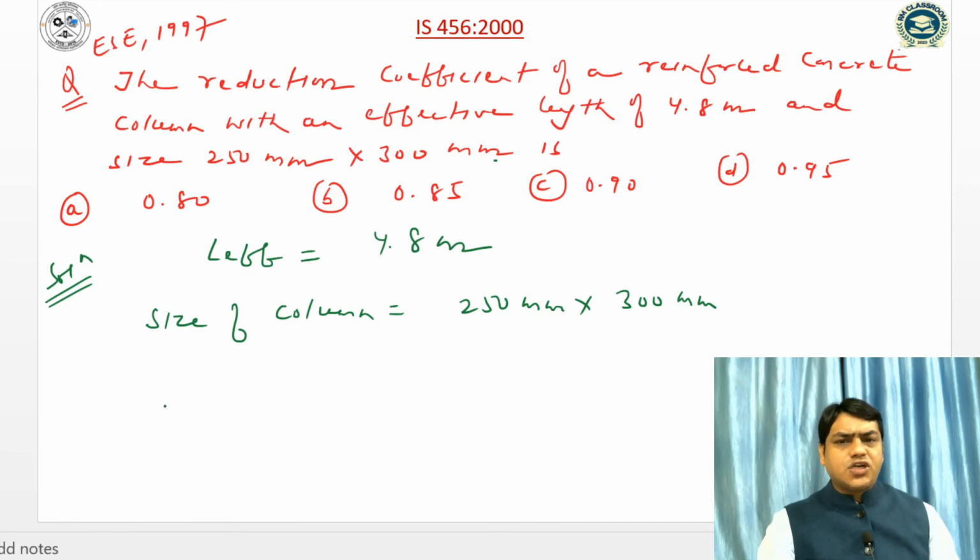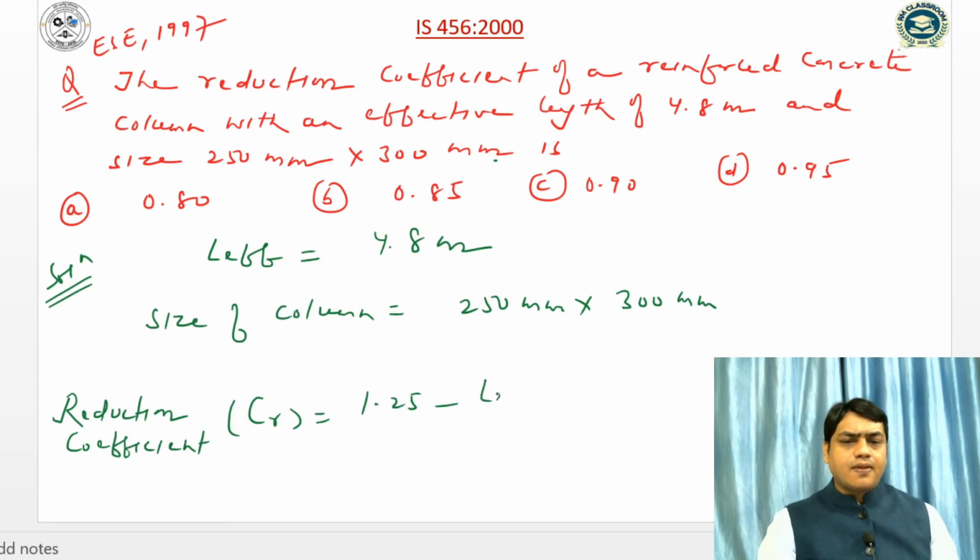So the reduction coefficient Cr is 1.25 minus L effective divided by 48 into the least lateral dimension, so it will be B.